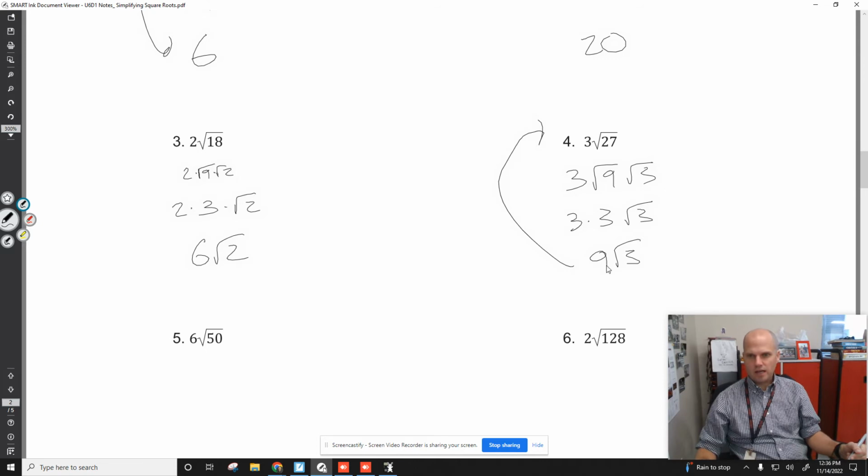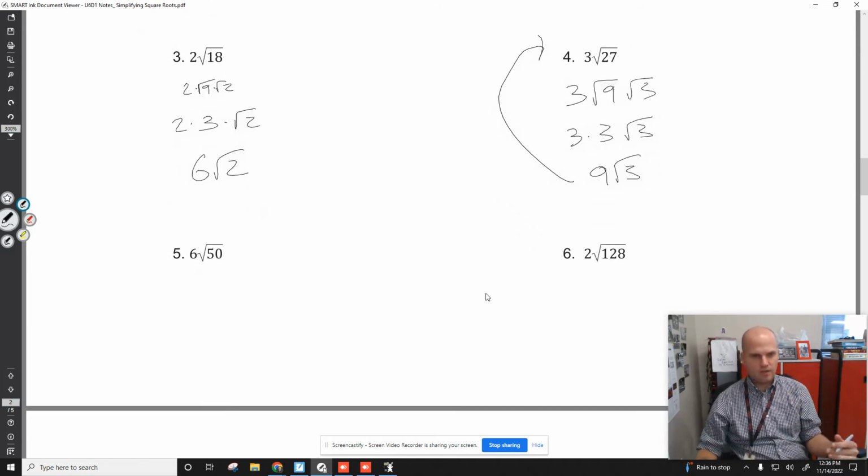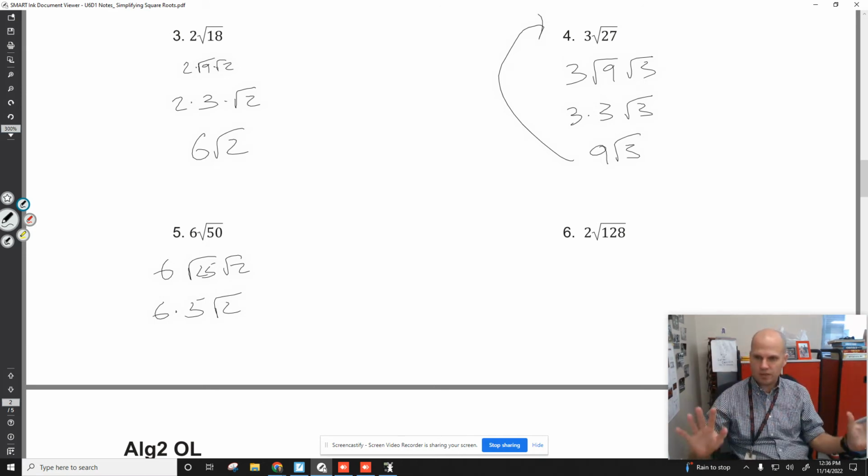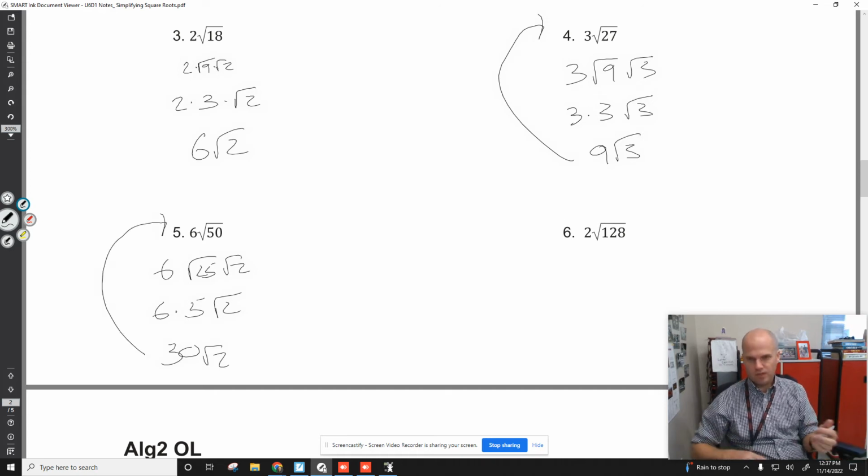Type this into your calculator, type this into your calculator, you get the same value. 50 is 25 and 2. 25, the biggest perfect square. Root 25 is 5, just 5, not the square root of 5. Root 2 is just root 2. It's an ugly decimal, so leave it as root 2. But 6 times 5 is 30. 30 times root 2 is the exact same as 6 times root 50.